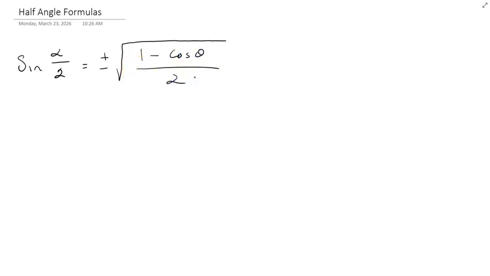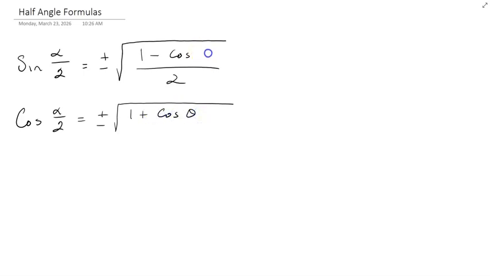So you'll see there's a similarity here a little bit to our power reducing formulas. Cosine of alpha over 2, again, depending on the quadrant, whether it's positive or negative, is the square root of 1 plus cosine alpha over 2.